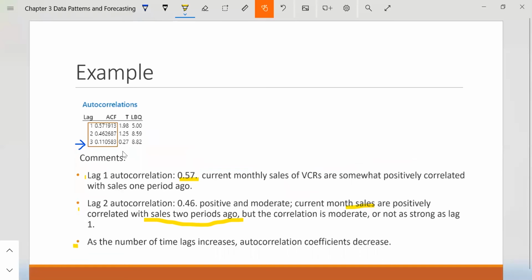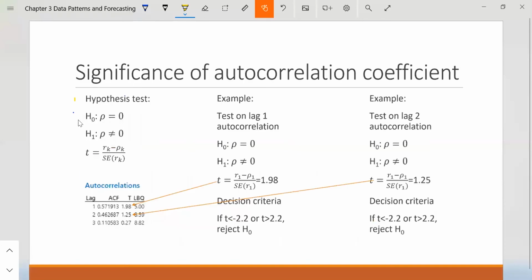But what we're asking for all sales for the store, for all VCR sales for the store over the whole time period, can we still claim there's autocorrelation for lag 1, lag 2, etc.? And to determine that, we will need to test on the autocorrelation coefficient, which is denoted by rho for the population. I know this is another notation for autocorrelation coefficient, but this rho is representing the coefficient for the whole population, not just the 12 observations we see in the data.